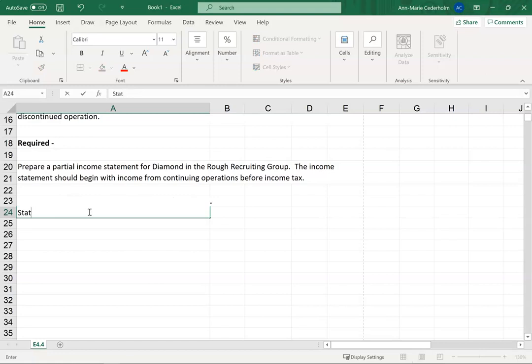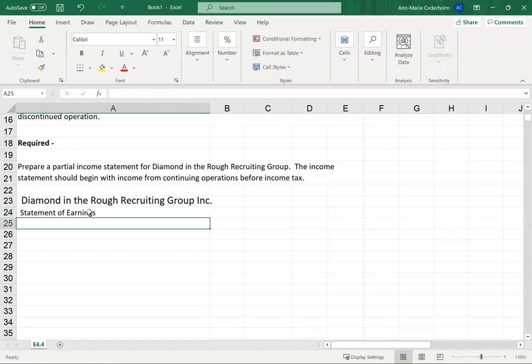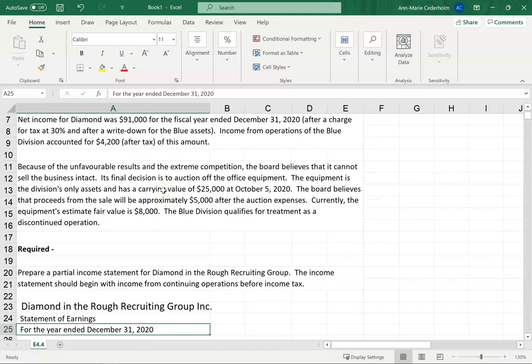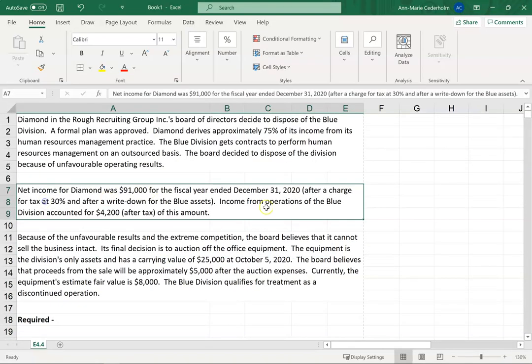And then we'll call this the statement of earnings. So remember, this is the income statement. Some companies call it statement of earnings or statement of operations. And then for the year ended December 31st, 2020. So for this company, their year end is 2020. So we're doing it for the year.